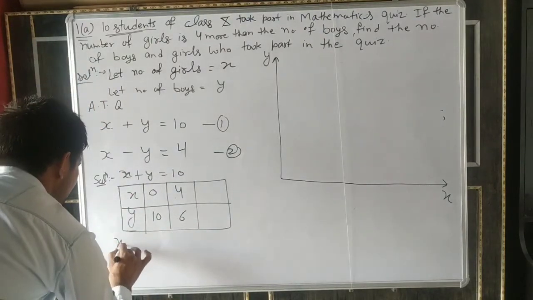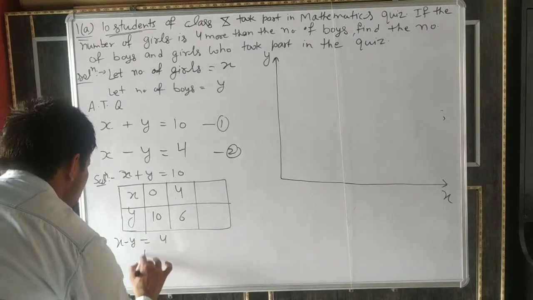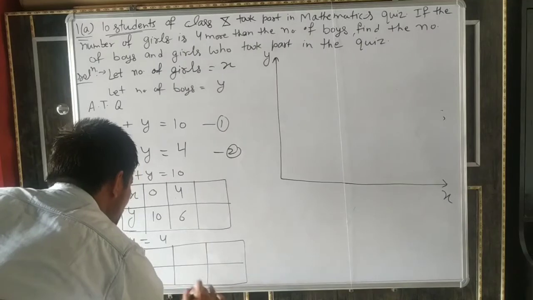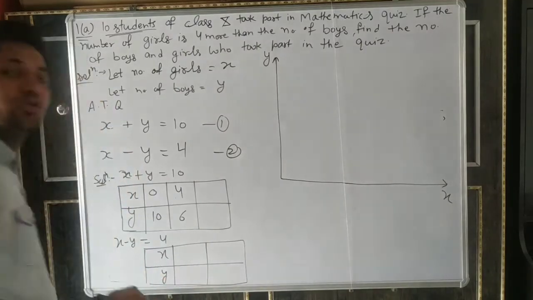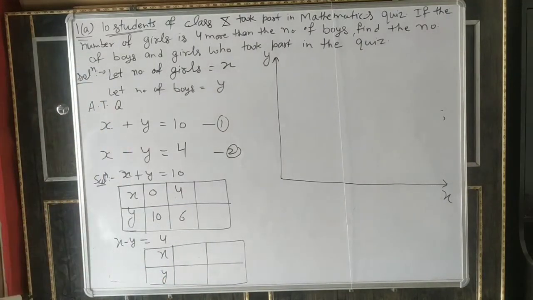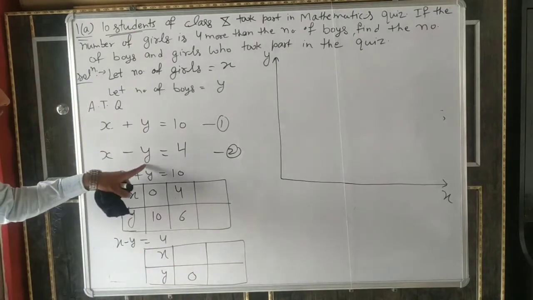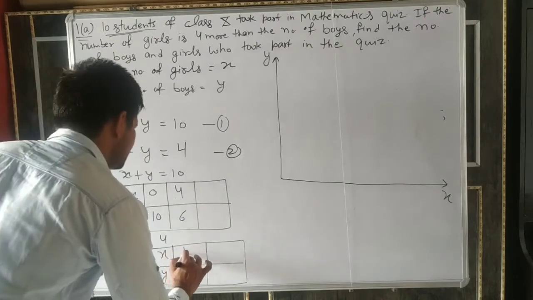Now find the solutions of x minus y equals 4. At least 2 solutions you have to find to draw the graph. If y is 0, x is 4.